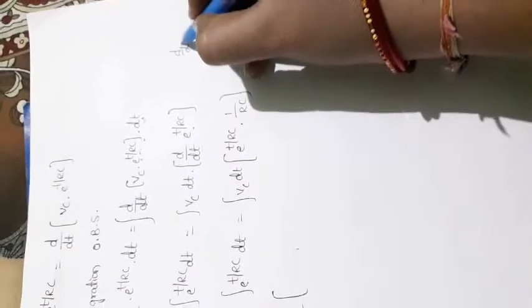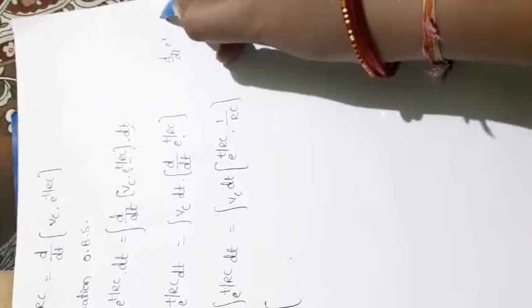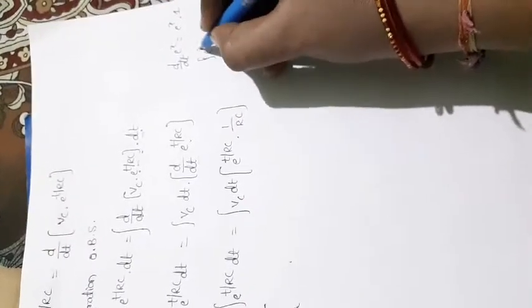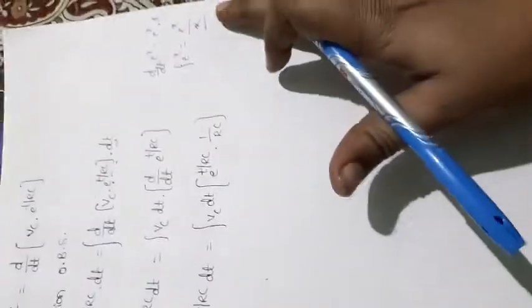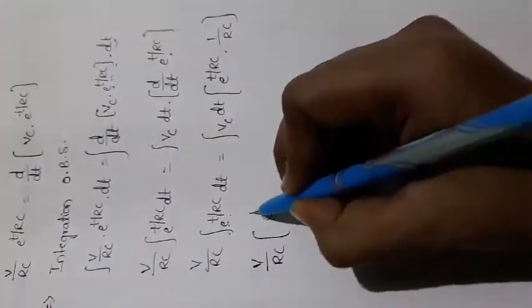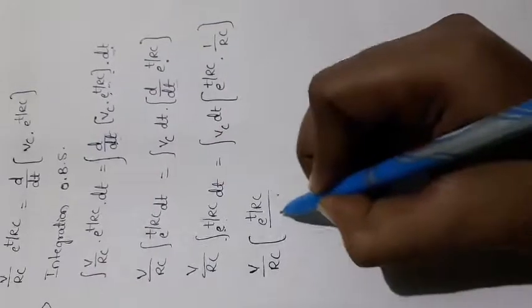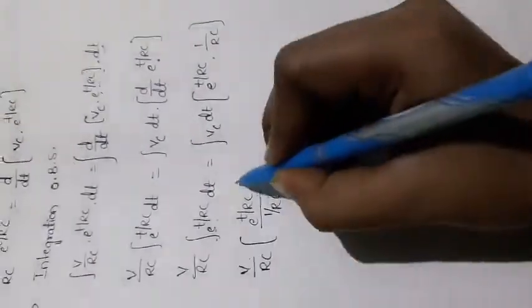The differentiation of e power x is e power x into the differentiation of x, which is 1. Just observe the difference here: the integral of e power x is e power x by the differentiation of x, which is 1 by Rc here.